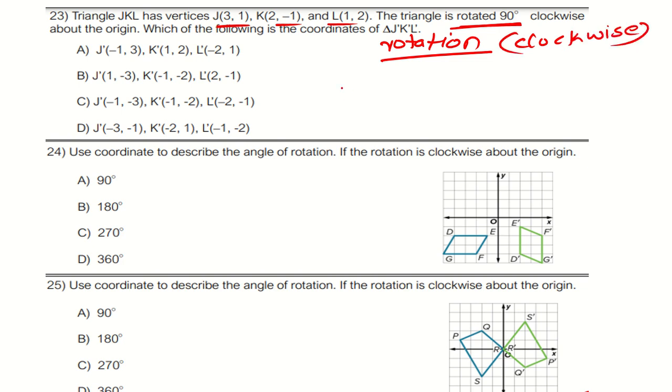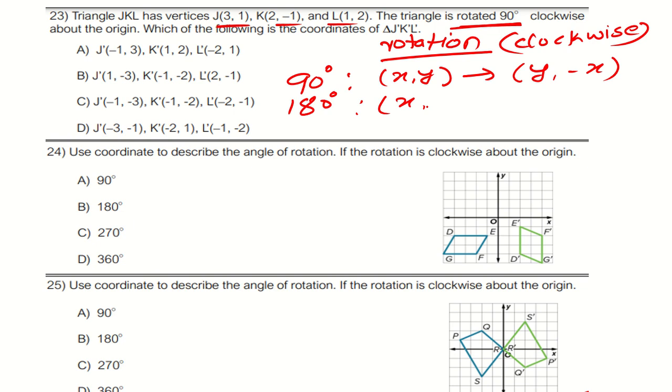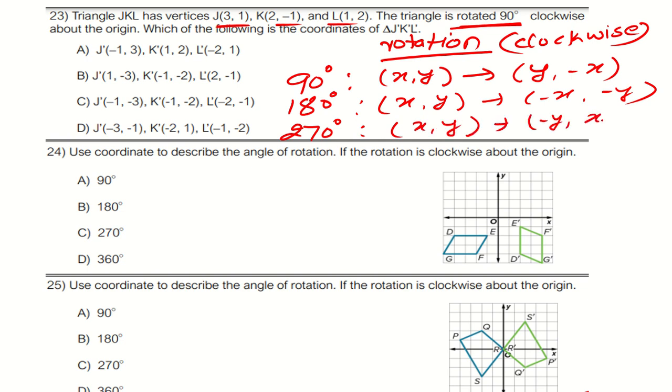If you rotate by 90 degrees, then (x, y) will change to (y, -x). If you rotate by 180 degrees, then (x, y) will change to (-x, -y). And if you rotate by 270 degrees, then (x, y) will change to (-y, x).